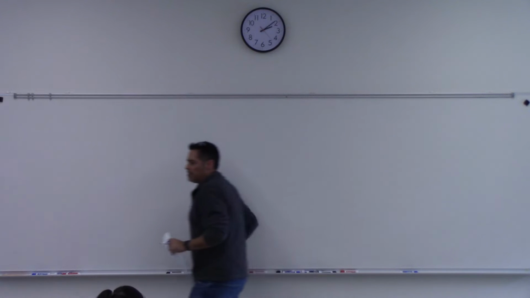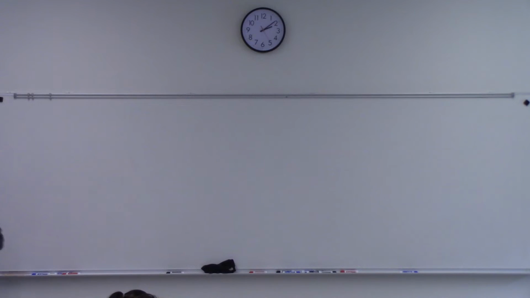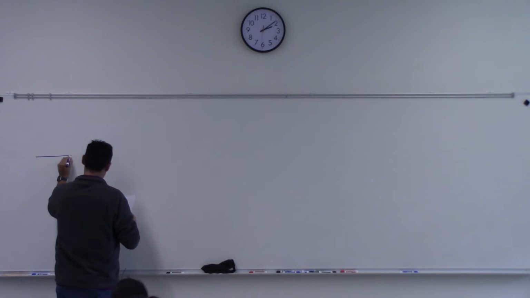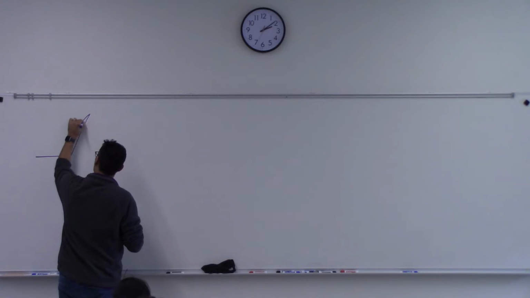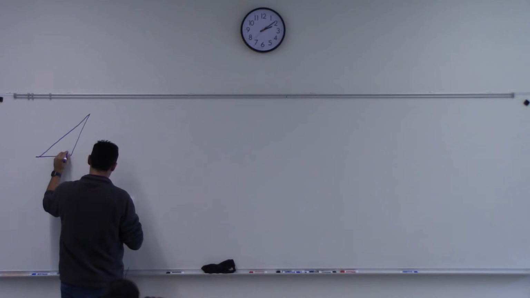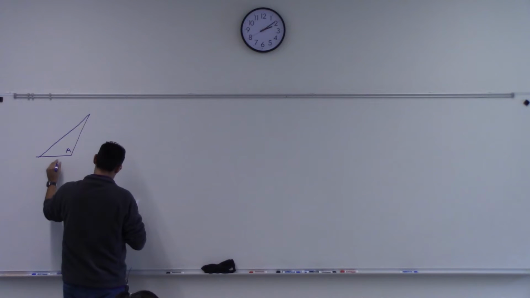Chapter 9, technically we're getting into 9.3 right now, but just hang tight. Let me put the problem up here first. All right, so I have this triangle. I'm going to draw it for you. Looks like this. And I'm going to call this A here.